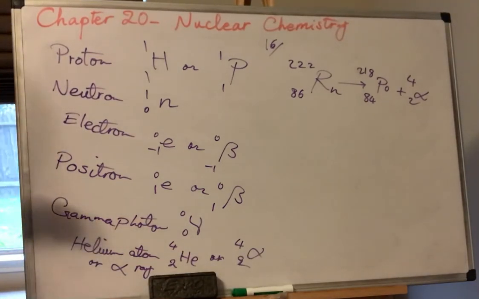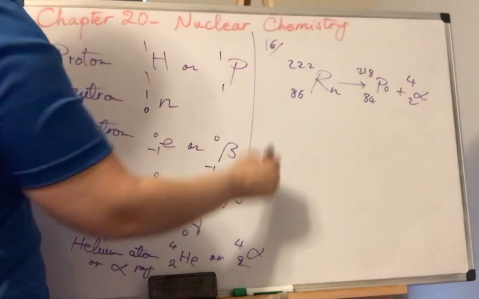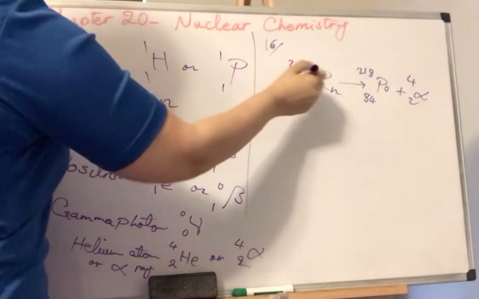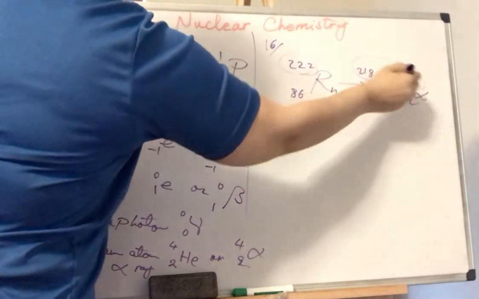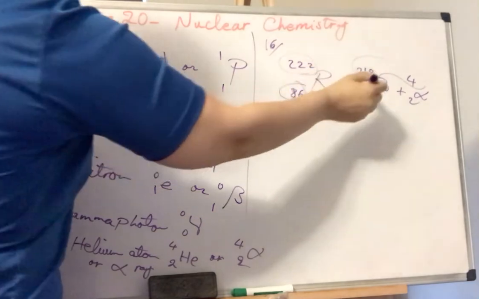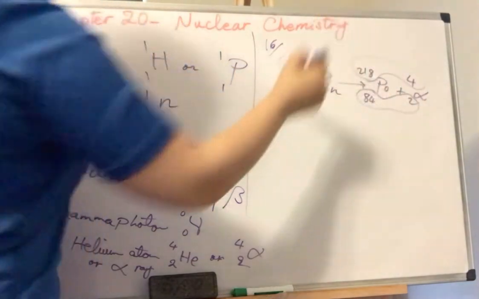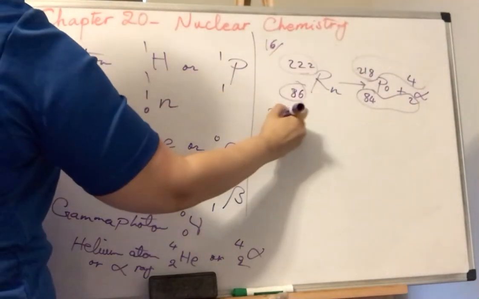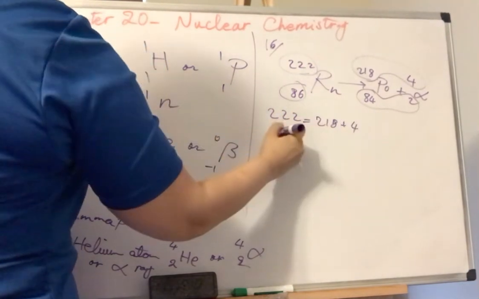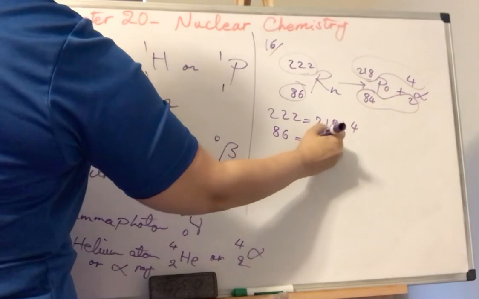Very soon, when we start balancing these equations, you will see that the atomic masses on each side, and the overall atomic number on each side should be the same. 222 is equal to 218 plus 4, and 86 is 84 plus 2.